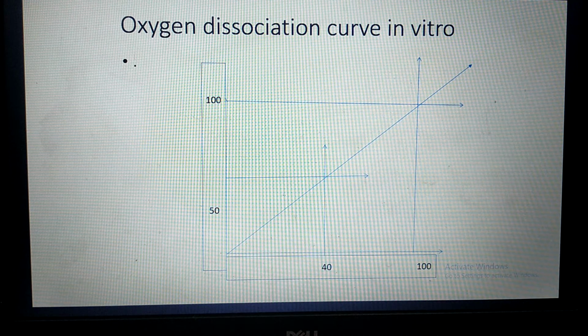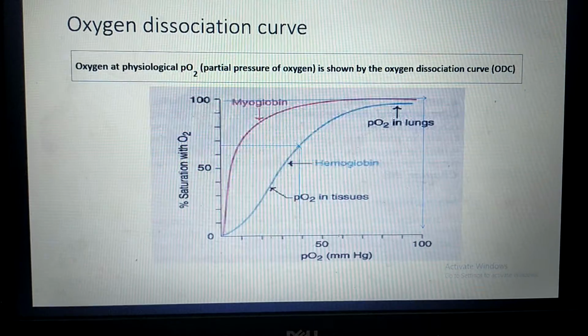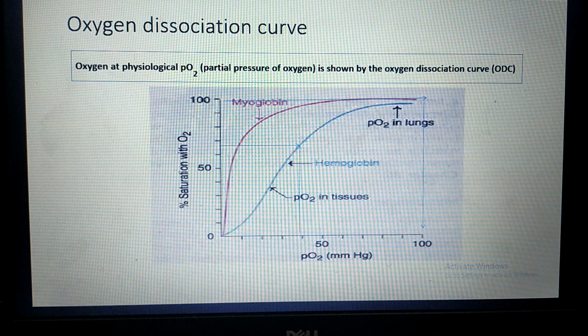So this is the graph of the in vitro study. Here we found a straight line graph, but when you plot the same graph by taking the same pressure in the body, the graph is S shaped or sigmoid shaped, because more oxygen is delivered by the hemoglobin to the tissues.